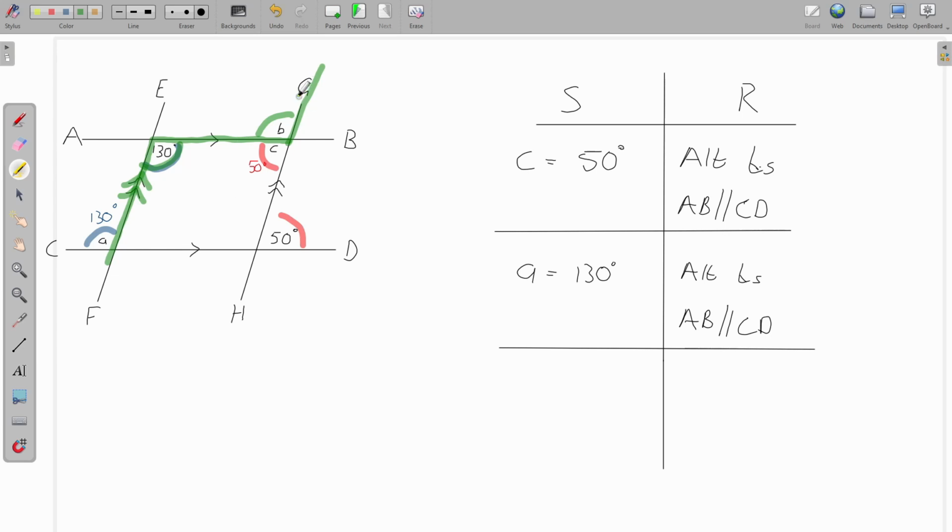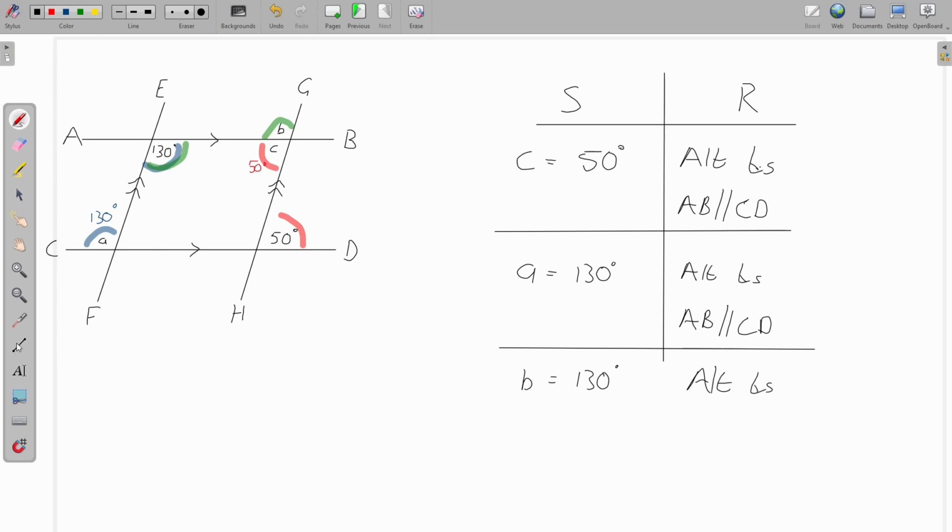Those two arrows mean they're parallel to each other. So the statement I can make, B is equal to 130 degrees because of alternate angles.